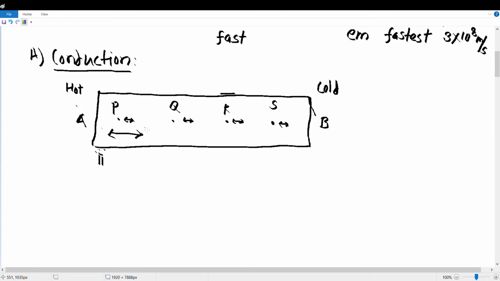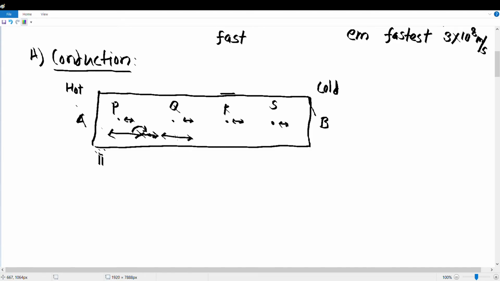And when this molecule starts vibrating with large amplitude, naturally it collides with the neighboring molecules. This is the neighboring molecule B. On this molecule B, this molecule A collides. In collision, it transfers heat to this molecule, and that's why its amplitude of vibration increases.